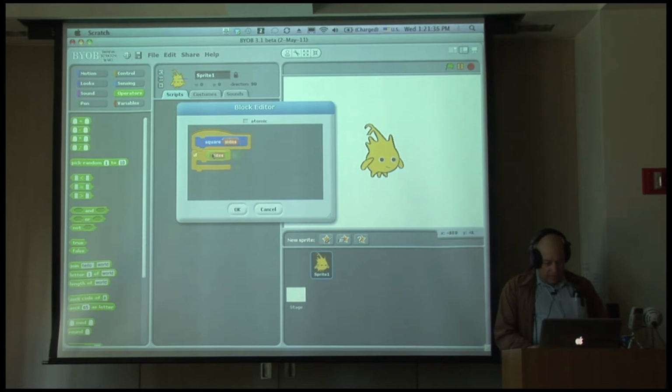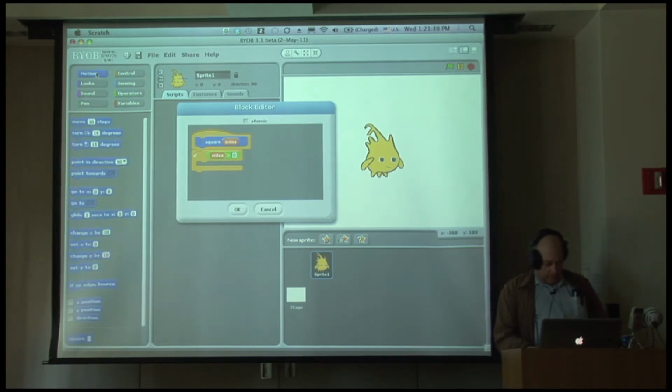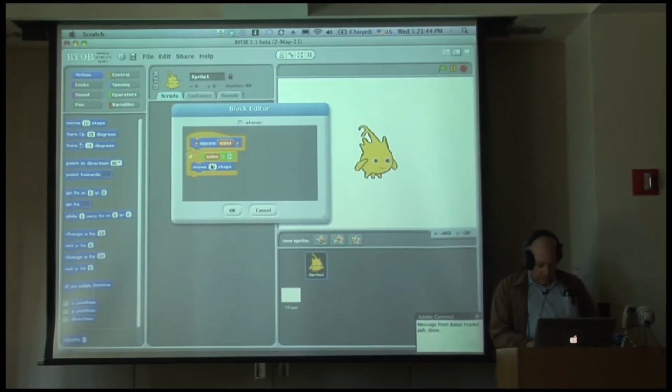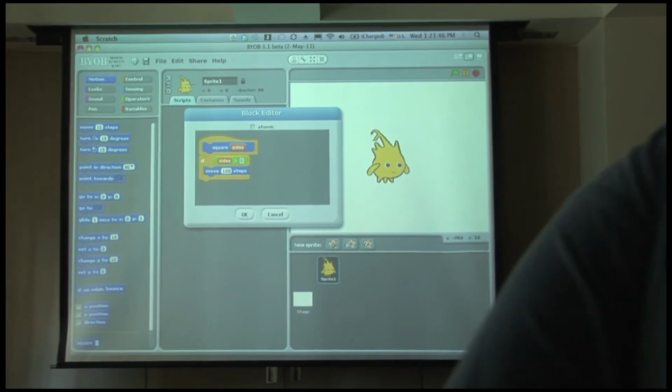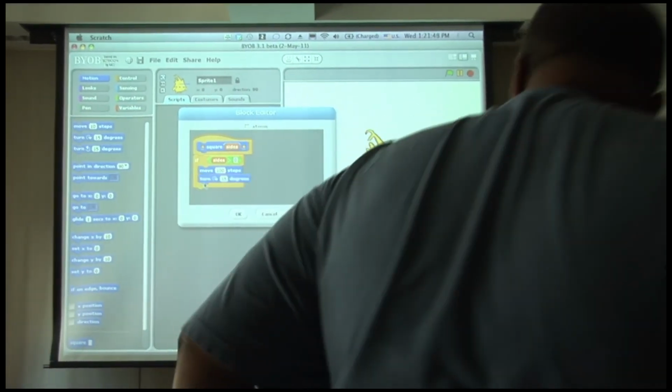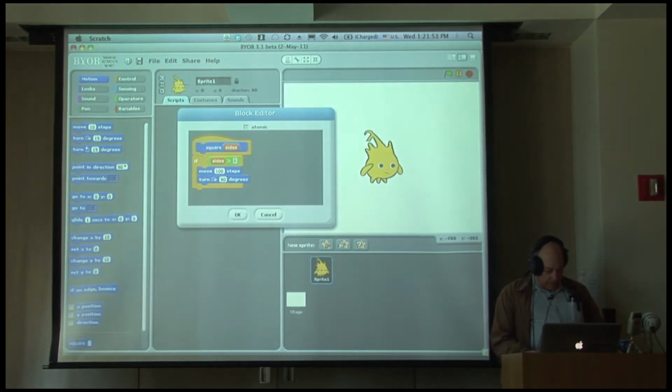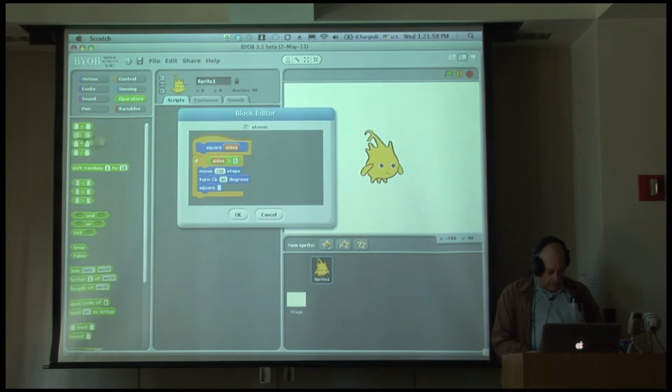If sides is greater than 0, move 100 steps, turn right 90 degrees, and square sides minus 1.